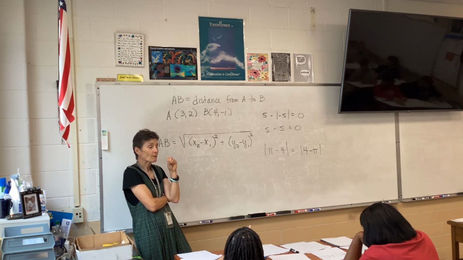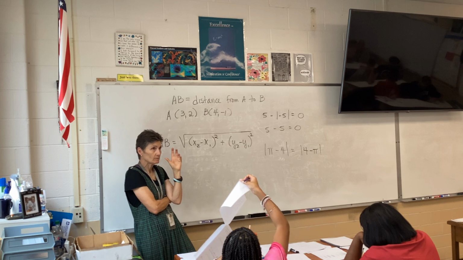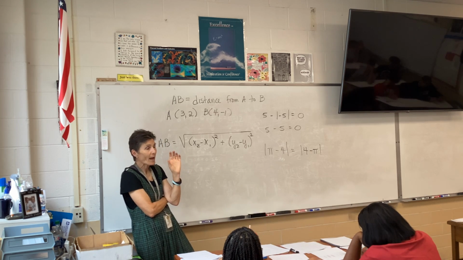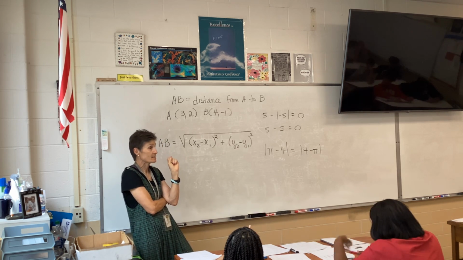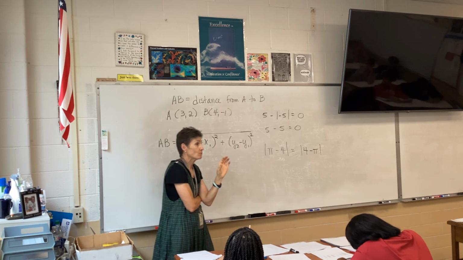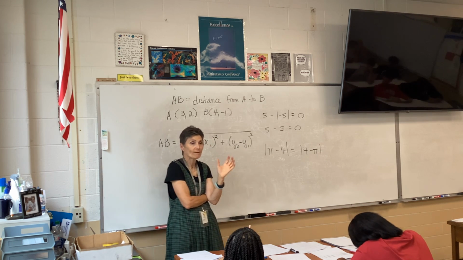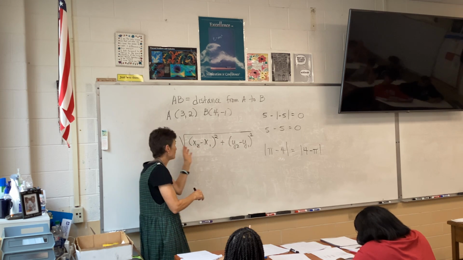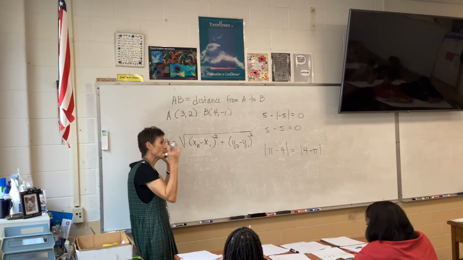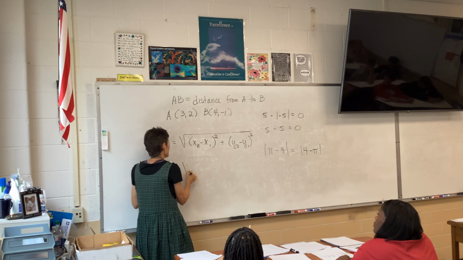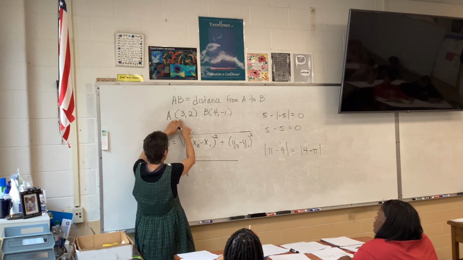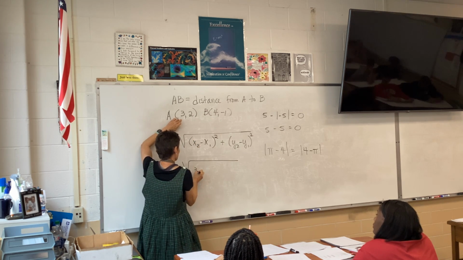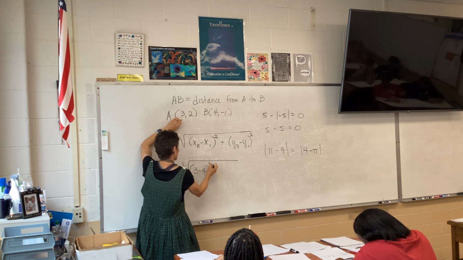So if you can't remember that, write down that formula. You have to know how to find distance. Now, no teacher from now on will ever say write the distance formula. I don't care if you memorize the letters or if you just memorize the idea. The idea is you take x minus x and square it.